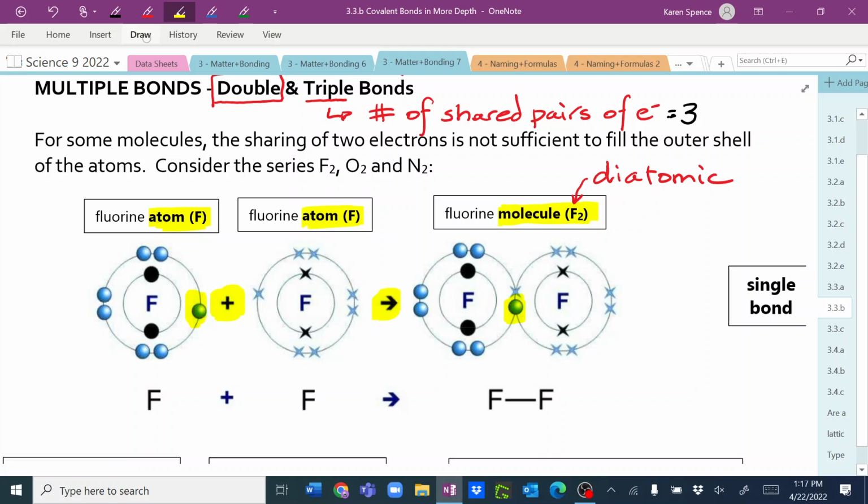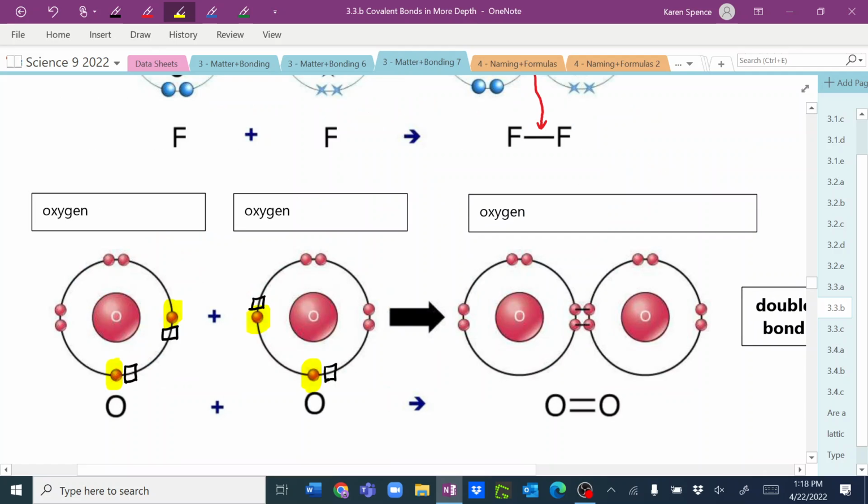Oxygen. Now, if we look at oxygen, how many holes in oxygen? 2 holes, right? So each oxygen needs somebody to share 2 electrons with them, to fill up those holes. And so each oxygen will share 2 with its neighbor, and we end up with those bonding electrons there.